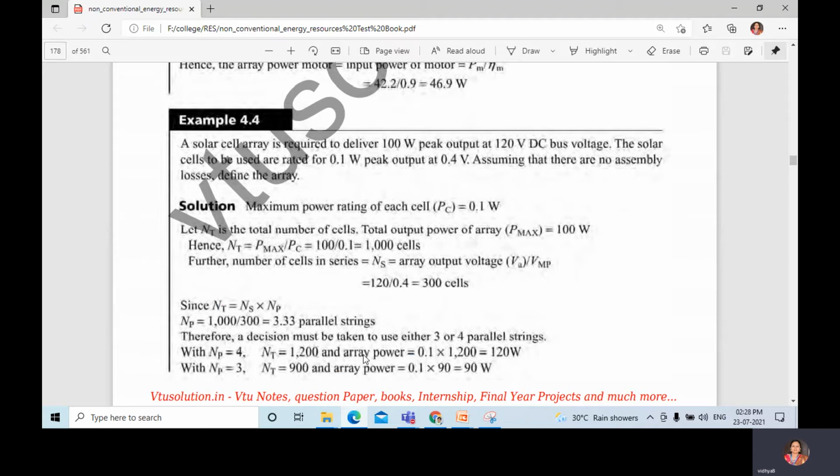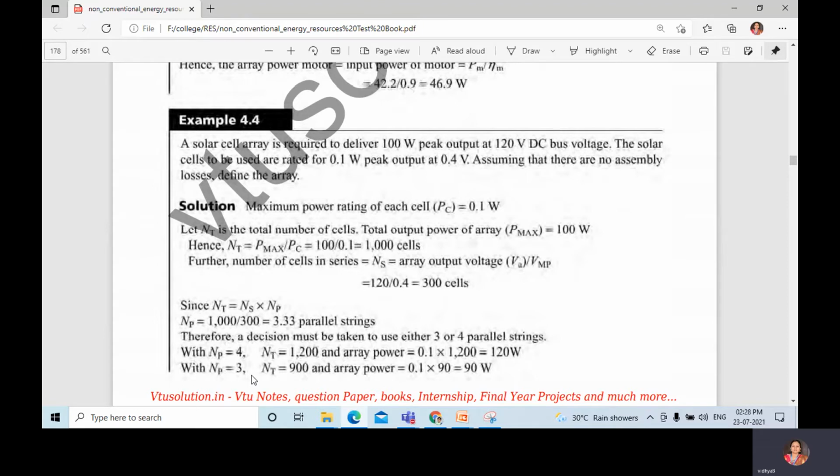So the array power will become 0.1 into 1200, because the maximum power rating of each cell they have given is 0.1 watt. Here 1200 cells, so 0.1 into 1200, you will get 120 watt.